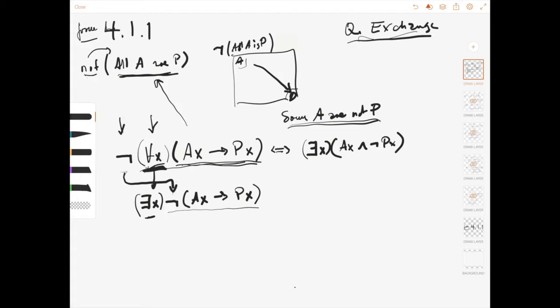Like, what about this? It's not the case that not A of X or P of X. So this comes from our axiom, P implies Q, is logically equivalent to not P or Q. So this is one of our equivalence rules.